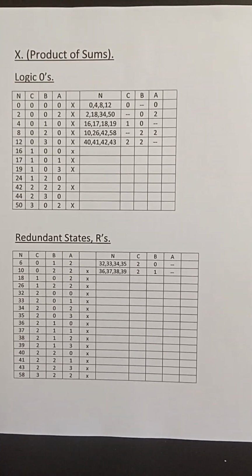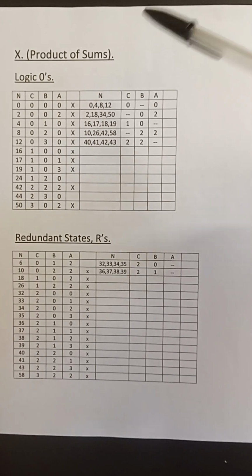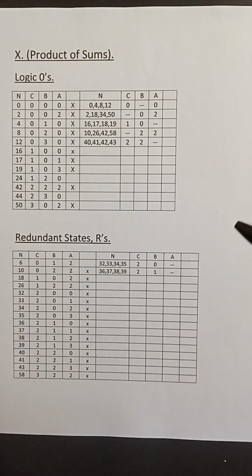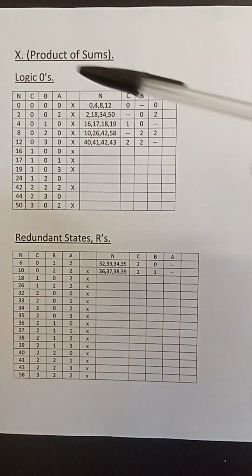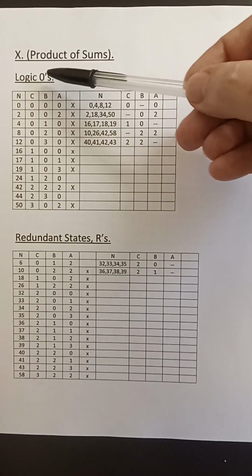Right, now we're going to do the expression for x. This is a product of sums expression. You take the maximum of function terms and connect them together using the minimum function. So these are all the values of n for which x equals a logic 0.